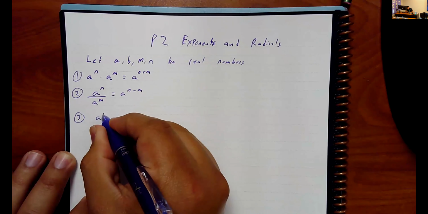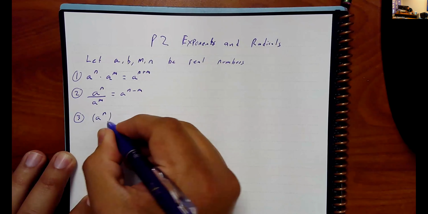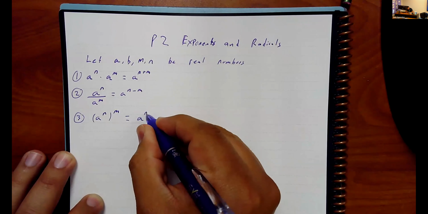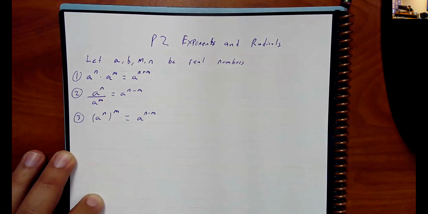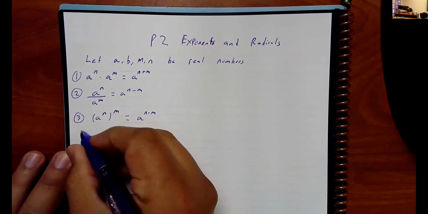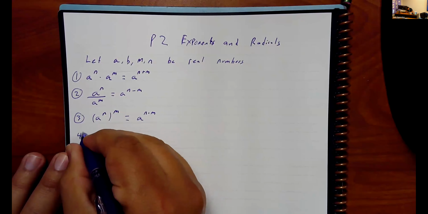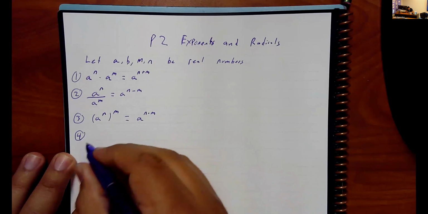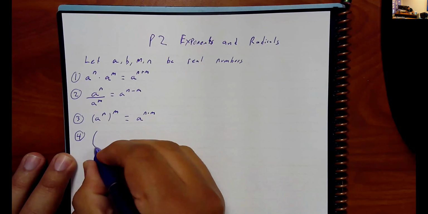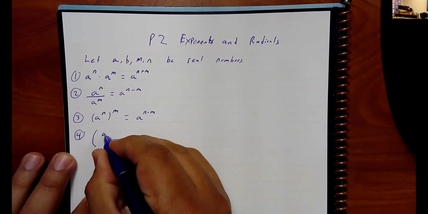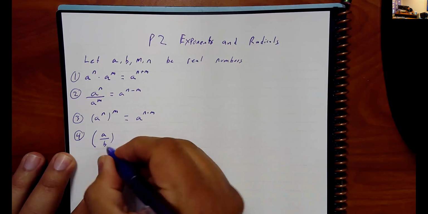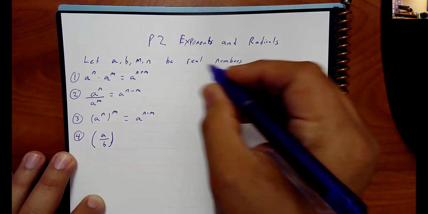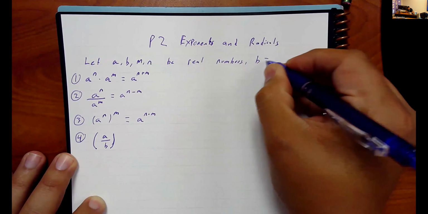If you raise a power to another power, you multiply them. If you raise a fraction, let's say A over B, I forgot to put that B is not 0.